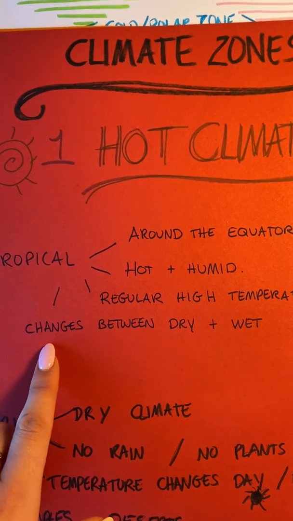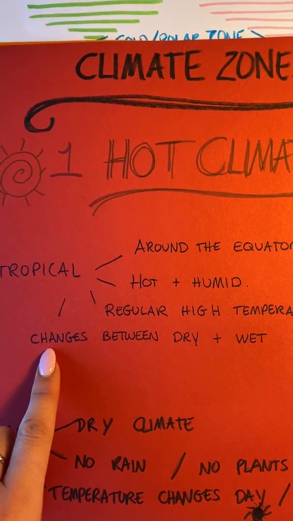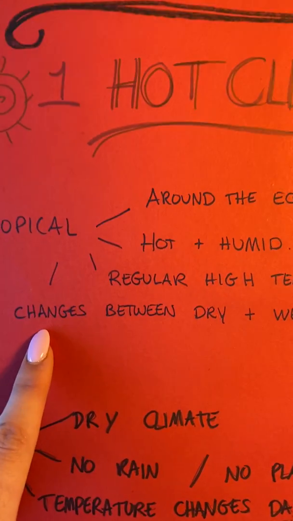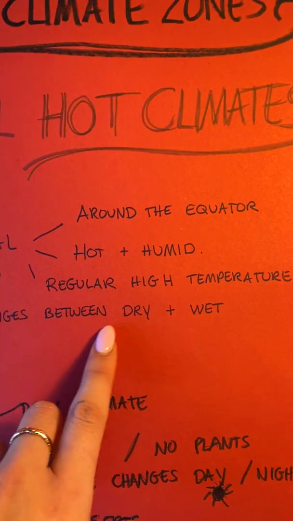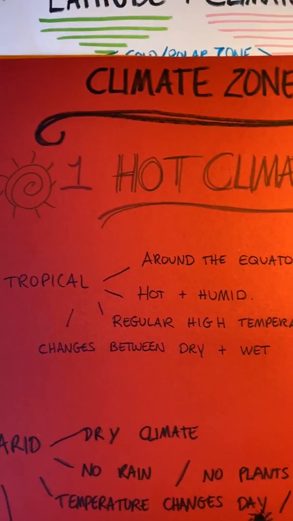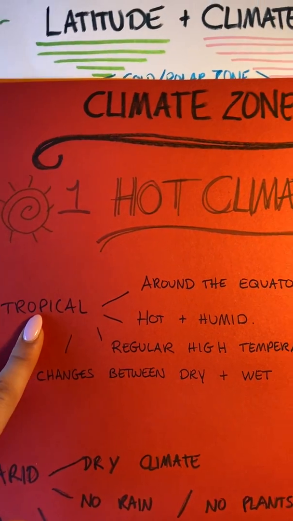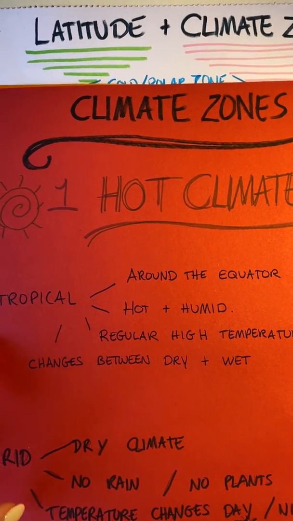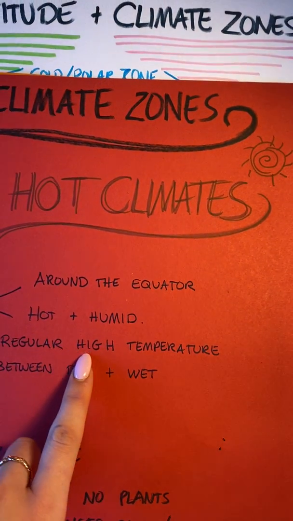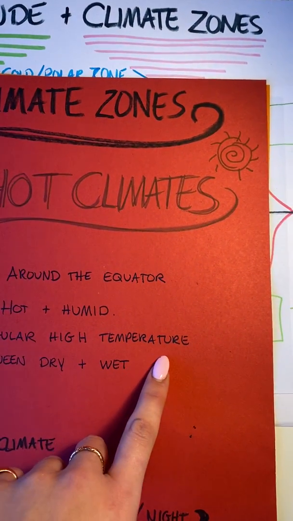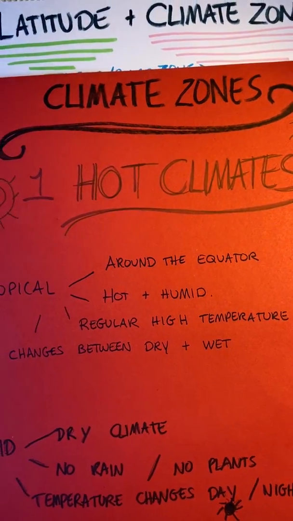Now these temperatures stay the same, but the changes happen between dry and wet. So sometimes it is wet and sometimes it is dry, but it is always hot and has a high temperature.